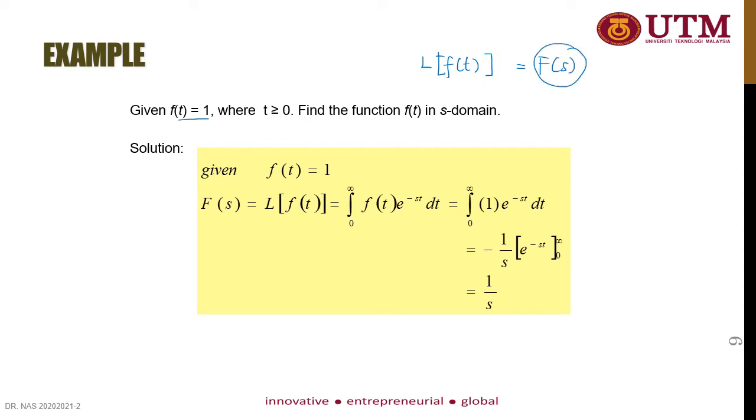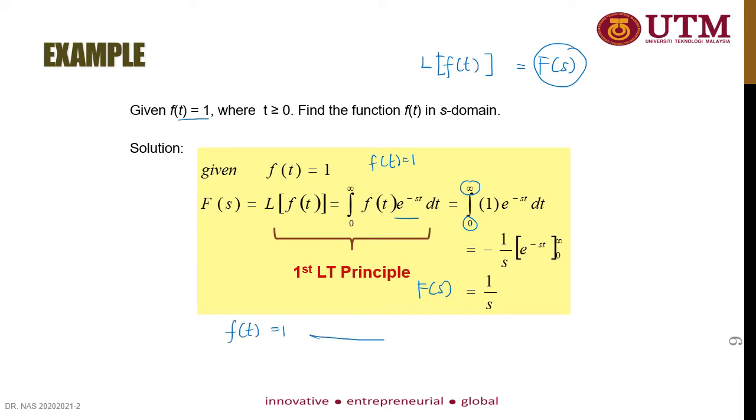In order to do that, you need to use the first principle, meaning that you need to integrate the given signal f(t), in this case f(t) equal to 1, multiplied by e to the minus st dt, and the limit is from 0 to infinity. Perform the integration so that you get F(s) equal to 1 over s. So in this case f(t) equals 1, and when you do the Laplace transform, you get F(s) equal to 1 over s.